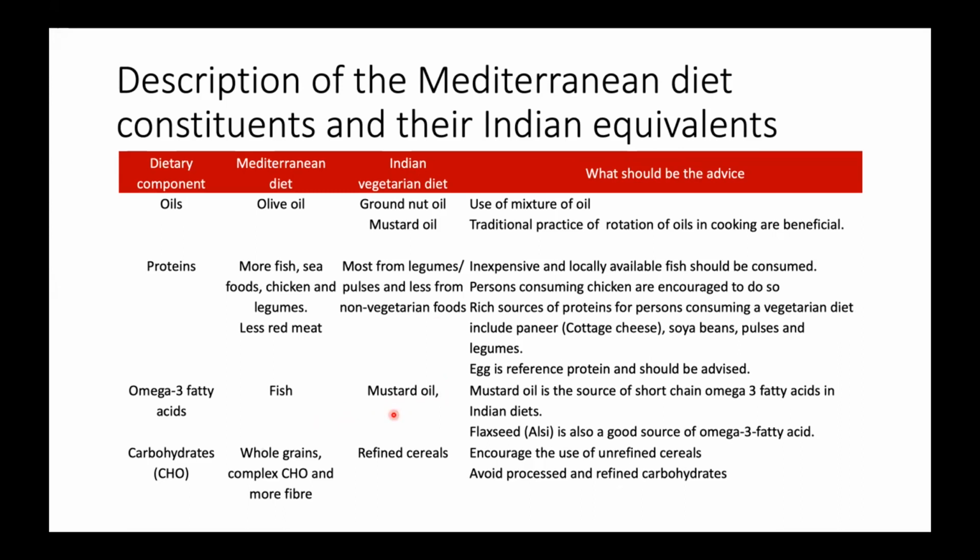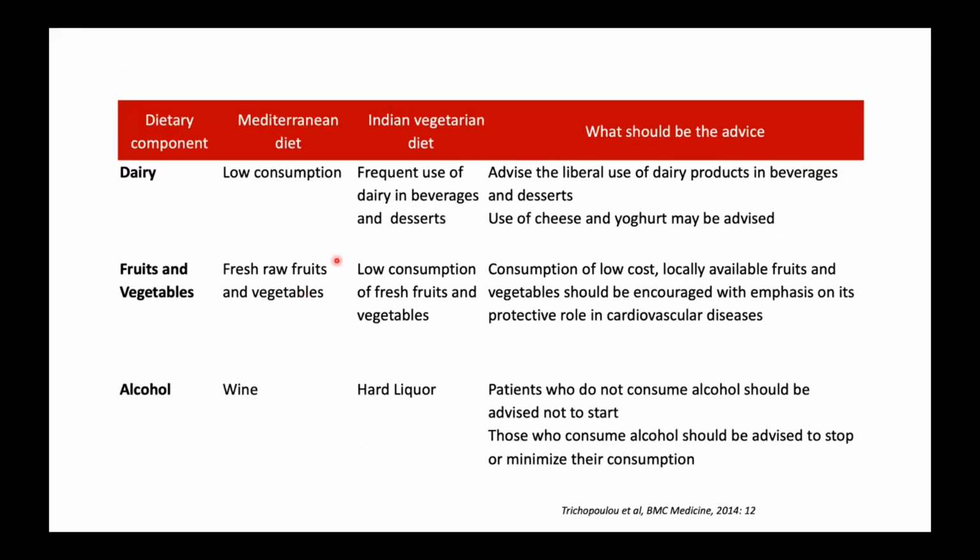For carbohydrate, we should use whole grains, complex carbohydrate, use less of refined cereals, and encourage the use of unrefined cereals in the Indian context. We should encourage frequent use of dairy products.